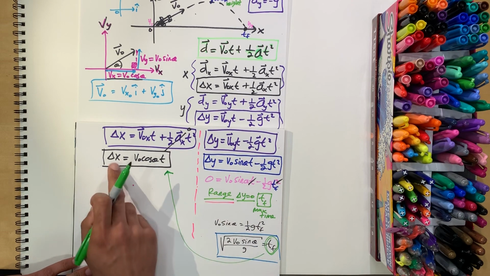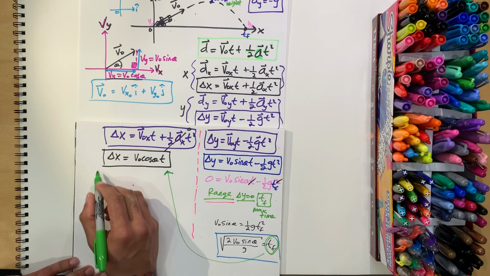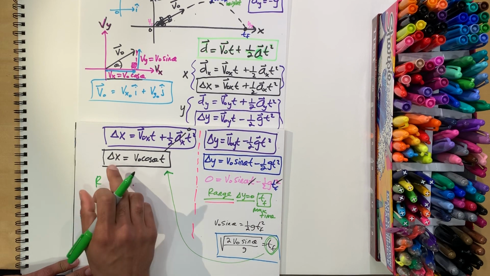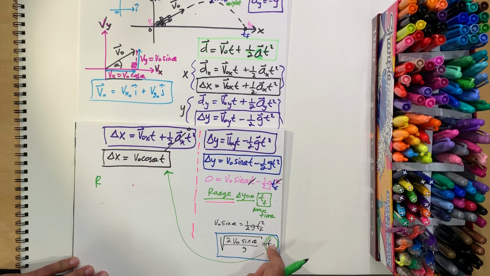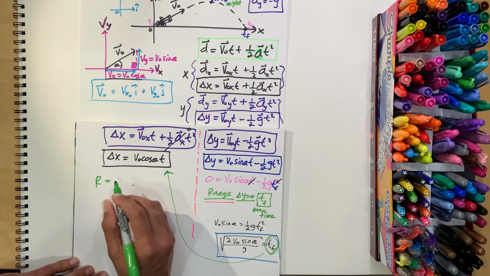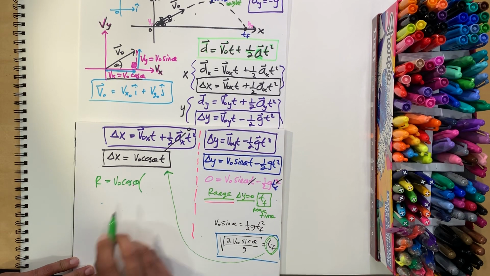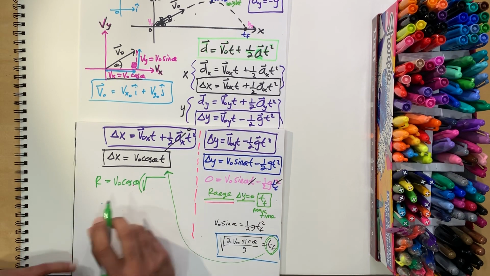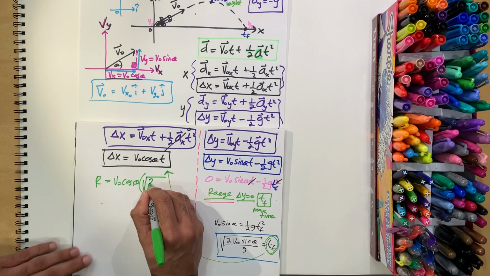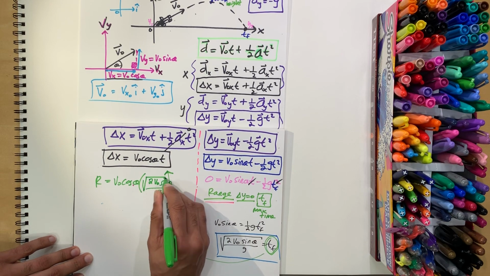So now you've changed your change in x to range because it's describing when it comes back down all the way to the ground. It's a specific thing. So v initial cosine theta, and then we have the square root of 2 v naught sine theta over g.